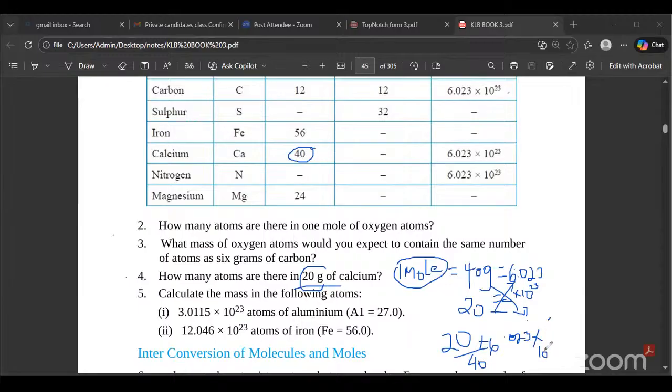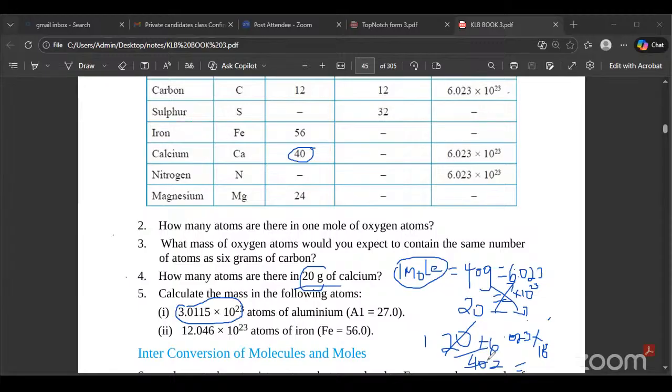So you need a calculator for this. Of course, this one is easy: divide by 2, by 2. So you find that 6.023 divided by 2 is around 3.0. So the value is around this. This is the answer for the calcium.